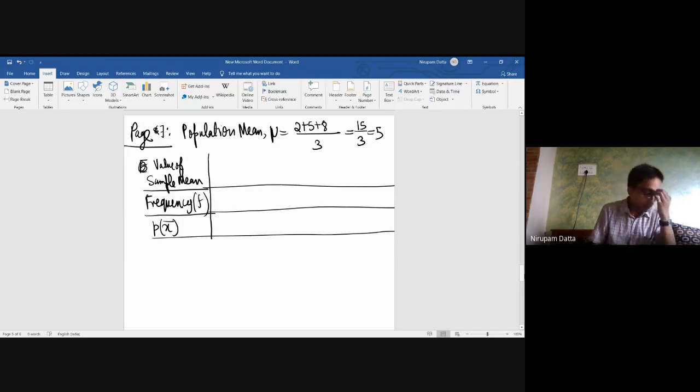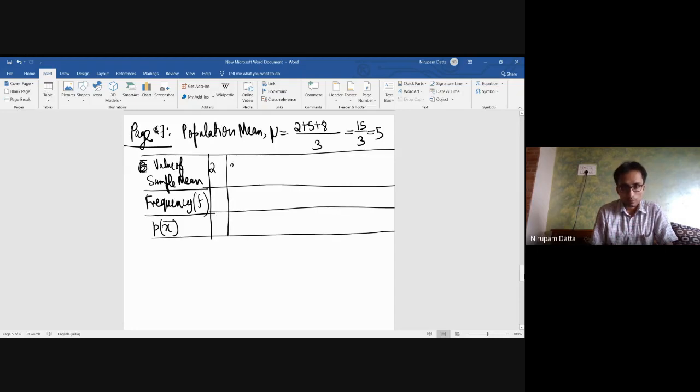So what are the possible values? The possible values were 2, 3.5, 5, okay, then 6.5, 8.